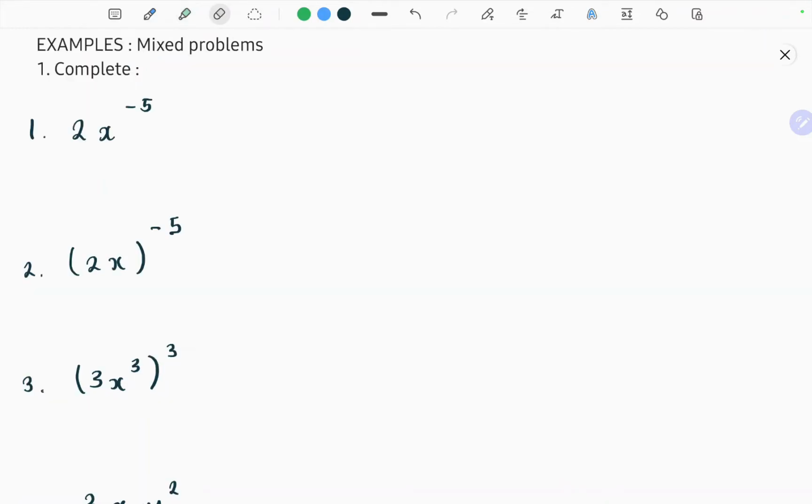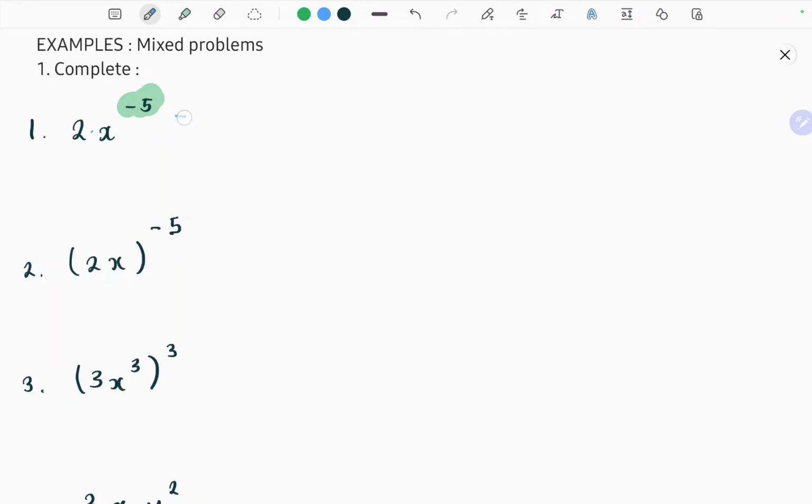So let's look at the examples. These are mixed problems where you apply different laws of exponents. When you look at the first problem, already we can see the exponent is negative. So what you need to do here is write this power with a positive exponent.